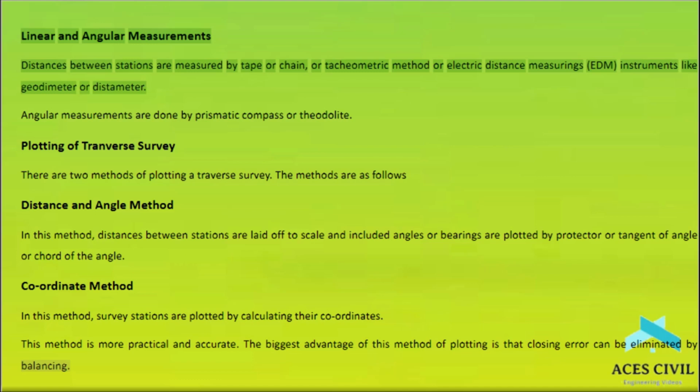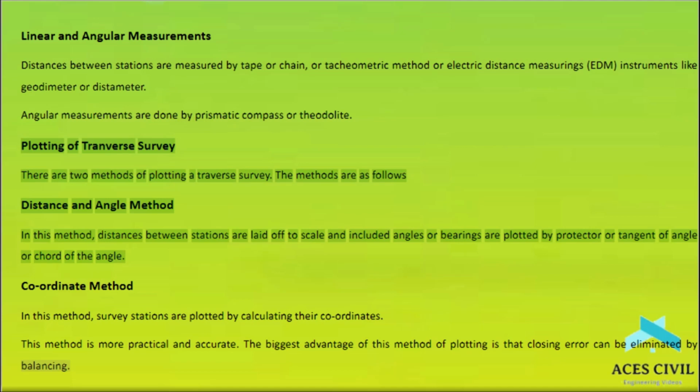Linear and angular measurements. Distances between stations are measured by tape or chain, or tacheometric method, or electronic distance measuring (EDM) instruments like geodimeter or distomat. Angular measurements are done by prismatic compass or theodolite.